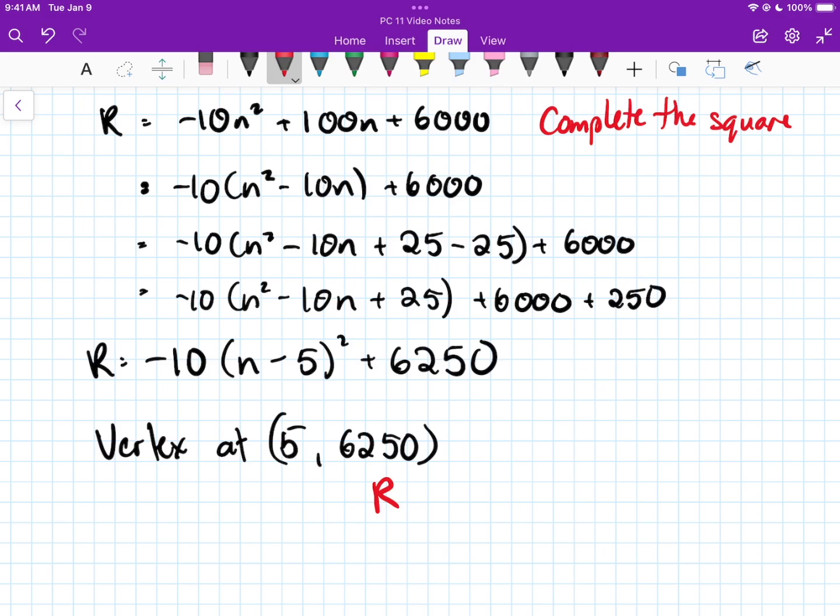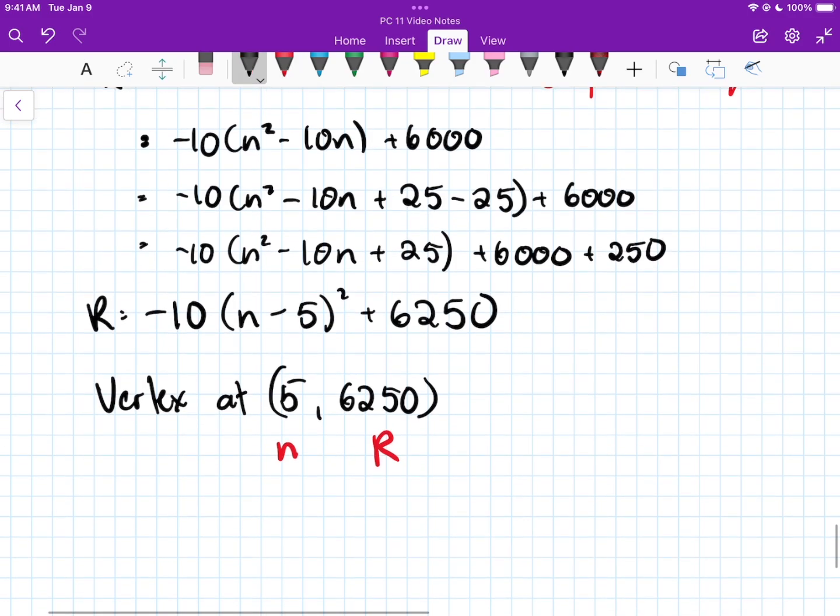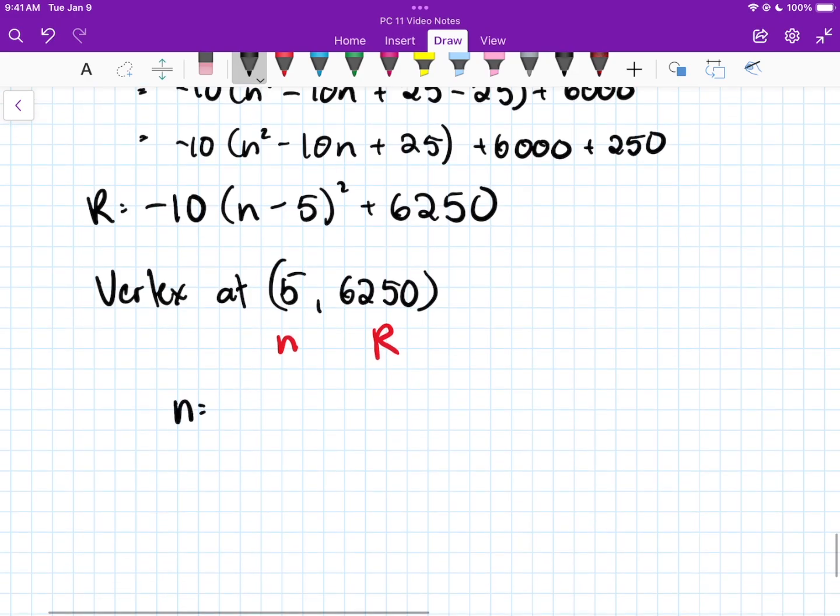But we don't really care about the revenue as far as answering the questions go. What we care about is the price. But 5 isn't the price. 5 is n, which, if you remember, is how many price changes you're making. So that's what we need to work with. n equals 5. Our price, which we found out earlier, was 60 minus 2 times n.